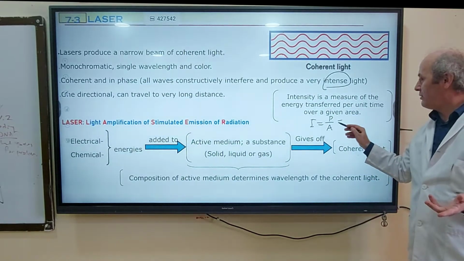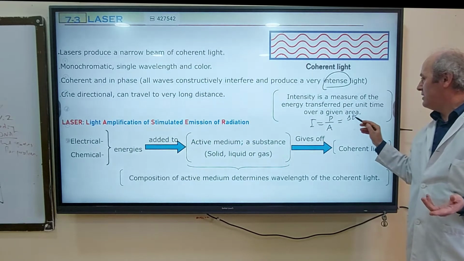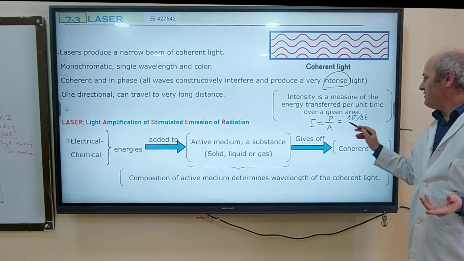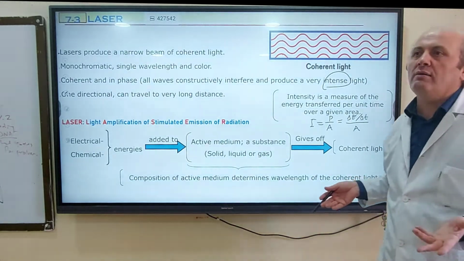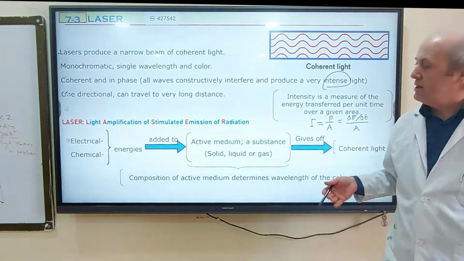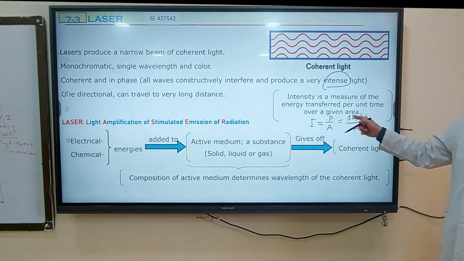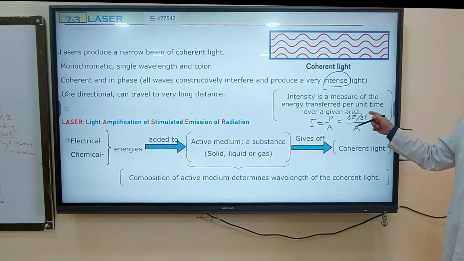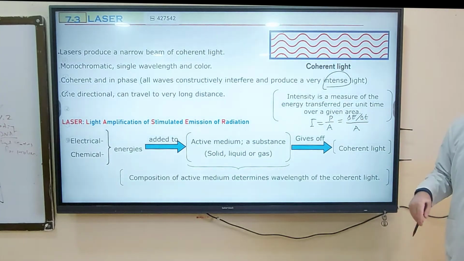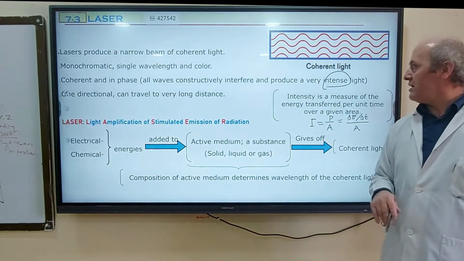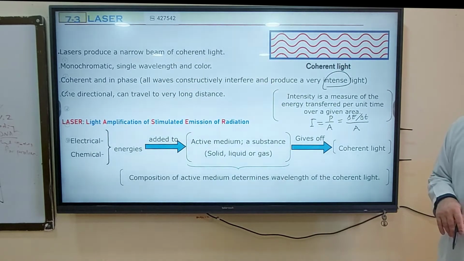How do we calculate power? Delta E divided by delta T. If we divide this by area, we calculate the intensity of any wave. It can be a sound wave, it can be an electromagnetic wave. So energy transfer per unit time over a given area is called intensity. It's also defining the intensity of the laser.